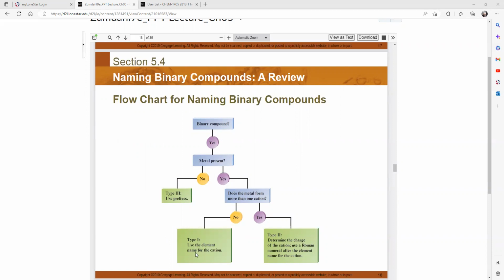You use the element name for the cation. But if it has more than one oxidation number, more than one type of charge, then it is type 2. Then you have to put the charge in Roman numeral after the name of the element into parentheses.